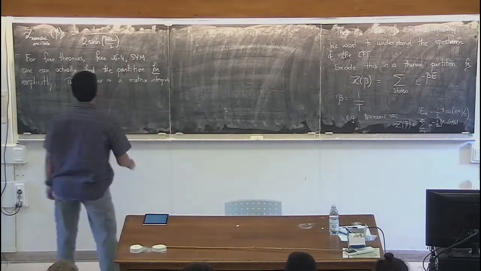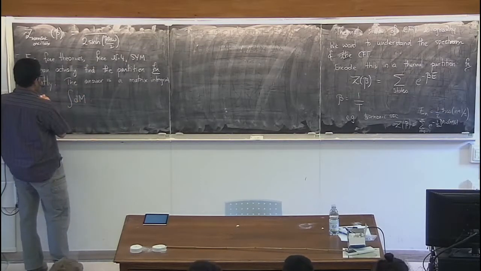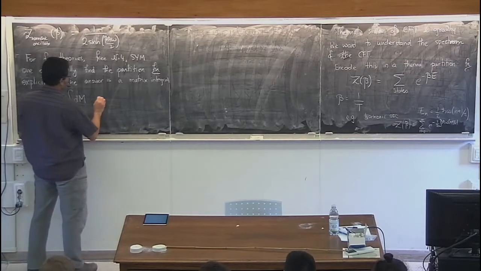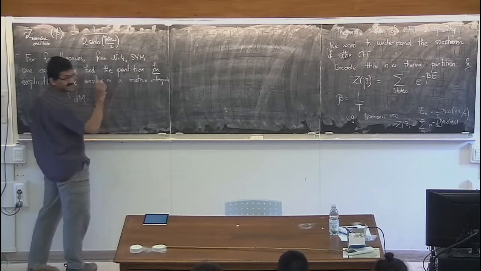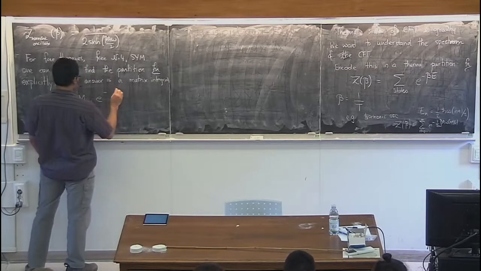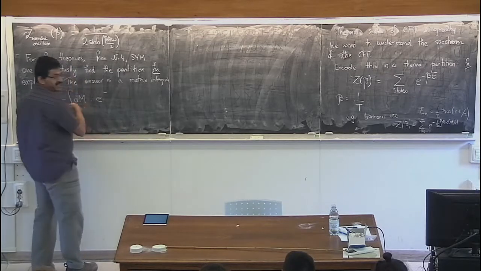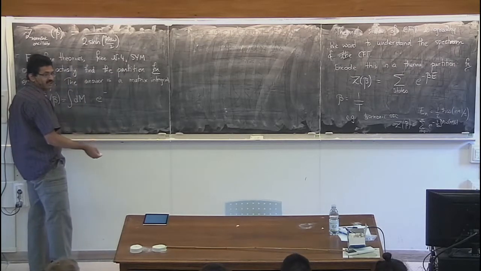It's given as an integral over a U(N) matrix. It's a classical integral. It's not a path integral. But you have to integrate over a matrix worth of degrees of freedom.